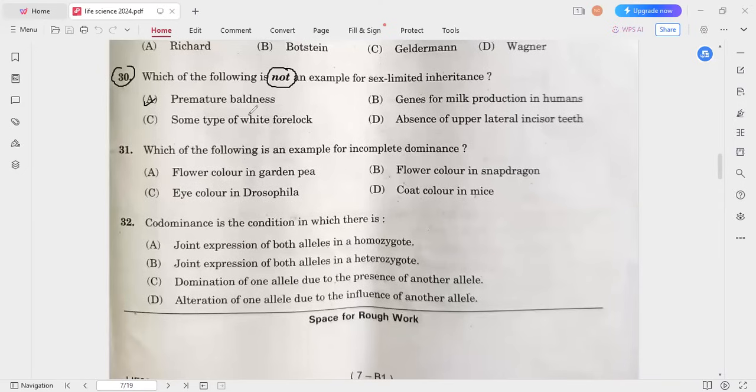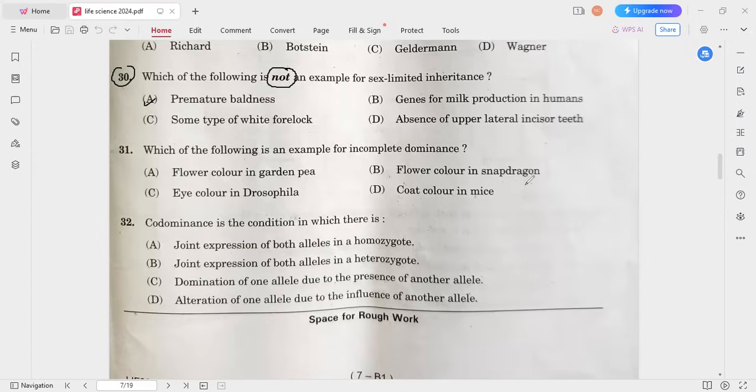And some type of white forelock, which is a congenital absence of melanocytes in the affected areas of skin and hair.